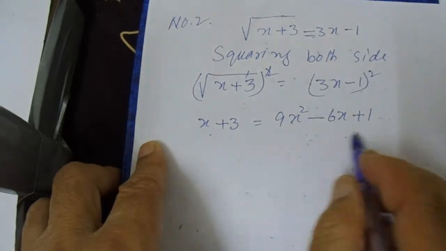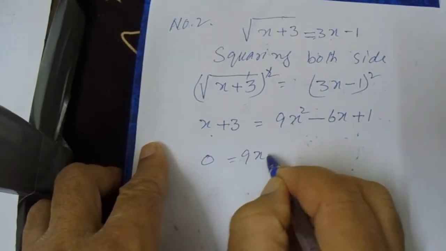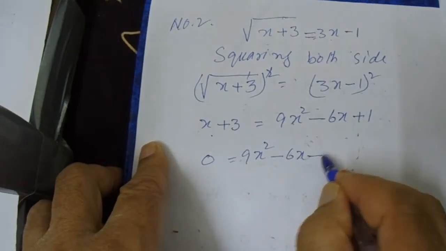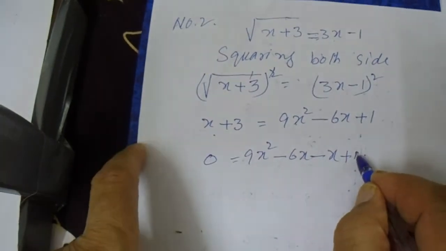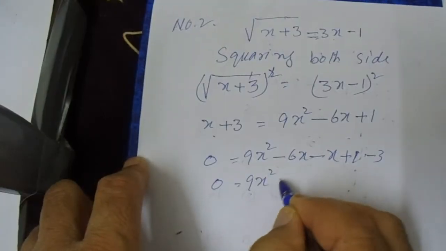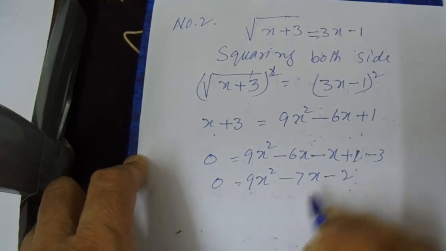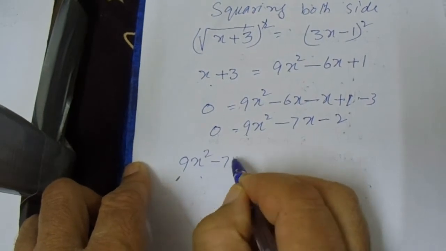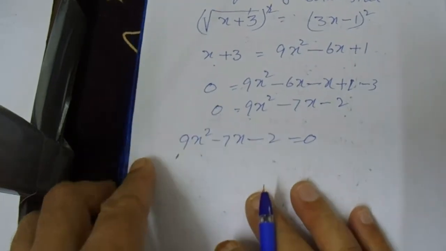Now these two terms will go to the right side, and 0 is equal to 9x square minus 6x and this plus is here minus x plus 1 and minus 3. This much. We have 0 is equal to 9x square minus 7x and minus 2. Now write this 9x square minus 7x and minus 2 is equal to 0 here.